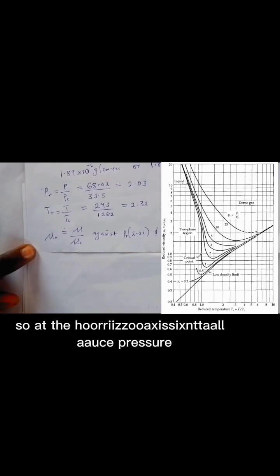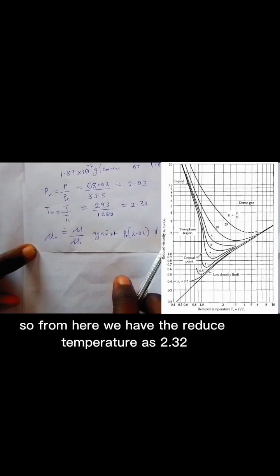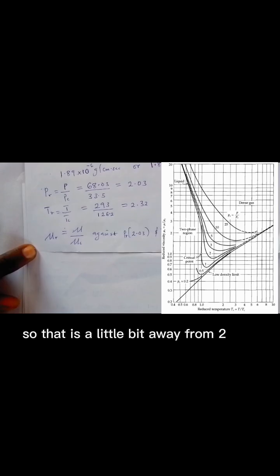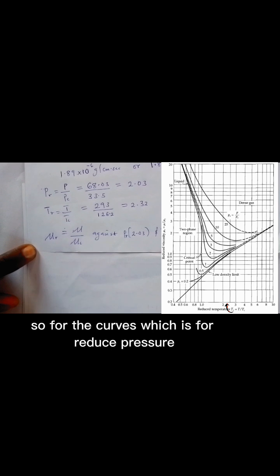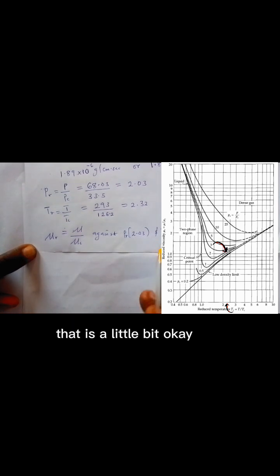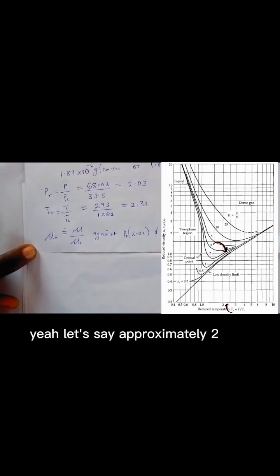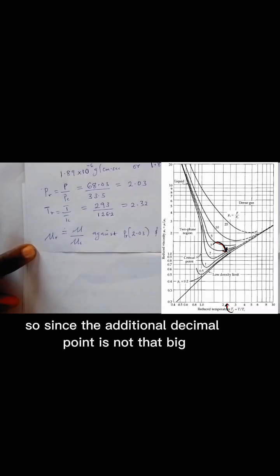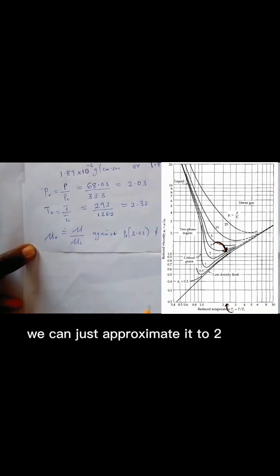At the horizontal axis we have the reduced temperature as 2.32, let's say 2.3, a little bit away from 2. For the curves, we have reduced pressure as 2.03. Let's say approximately 2, because we don't have 2 point something in the curve, so we have exactly 2. Since the additional decimal point is not that big, we can just approximate it to 2.